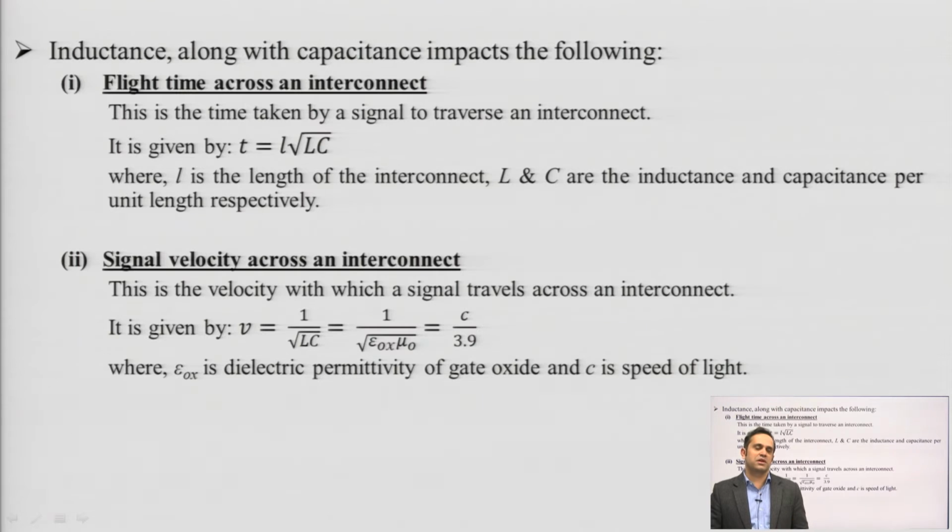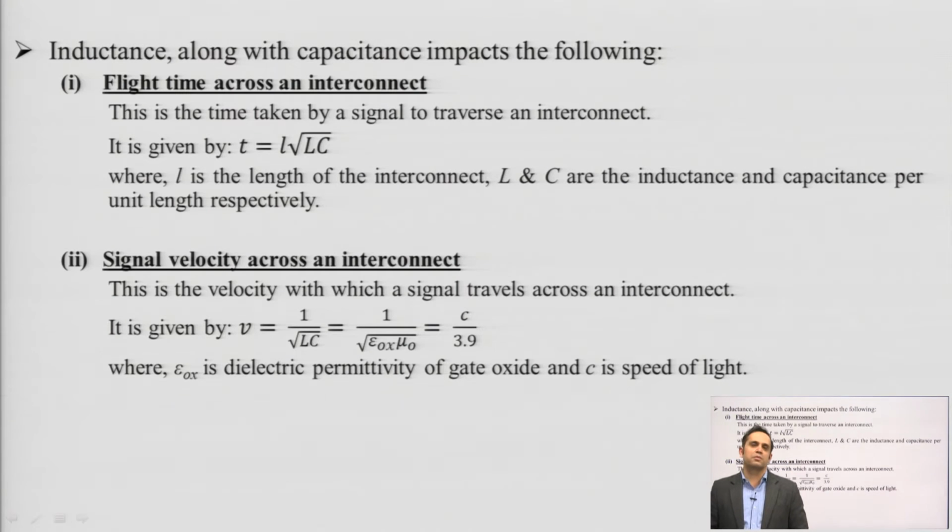So, in the first parameter we have calculated the time, in the second we are basically calculating the signal velocity, the rate or the velocity at which the signal is traveling across an interconnect, and it is given by V equal to 1 over square root of L C, okay, and it can also be written as 1 over square root of epsilon oxide and mu naught.